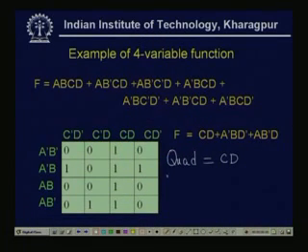Now, the first couple, see if I take this one as the first couple, then it reduces to A bar B, because that is common for both the minterms, and for these two adjacent ones, C is common and D bar will cancel.